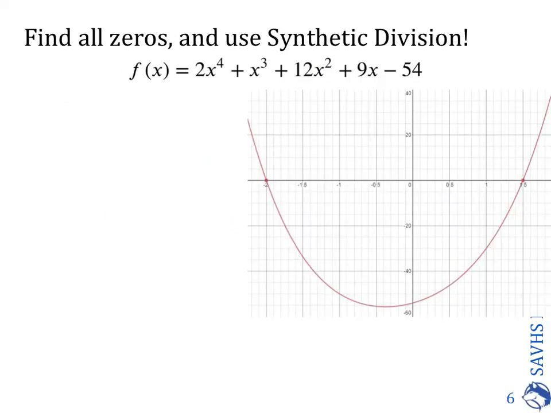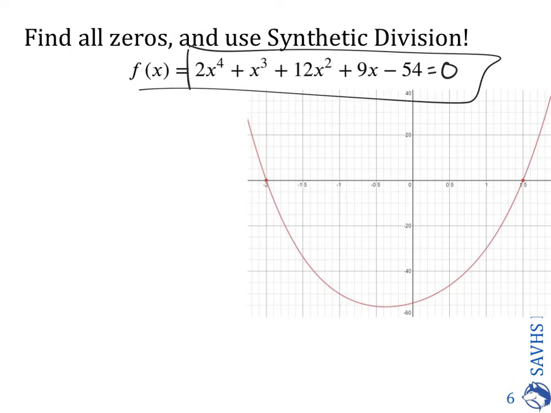Okay, I'm going to show you how we would apply this to a problem. What we're going to do is find the zeros of this equation. That means that we're solving the equation right here. Okay, this is the graph of f of x, and so I have x equals -2 is a root, and x equals 1.5 is a root.